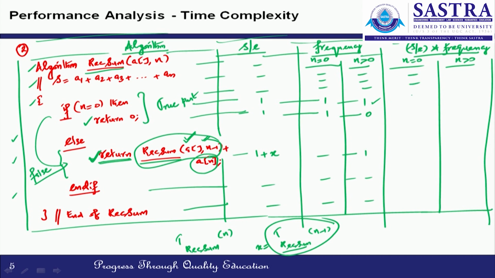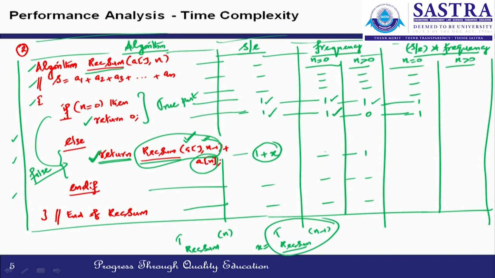First 3 lines, then consider these entries, 1 with this 1, 1 into 1 results in 1, 4th line, then 5th line 1 with n is equal to 0, 1 into this 1 results in 1, then 1 plus x into this one when n is equal to 0.